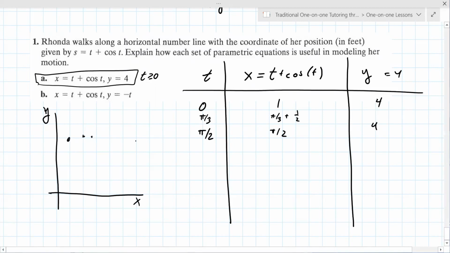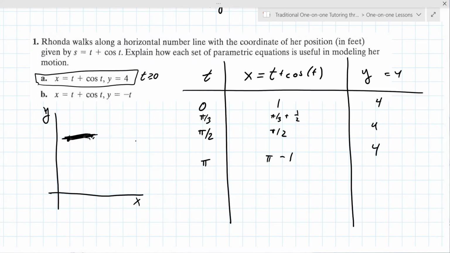It's almost like she was here and then she went backwards. Now, what's going on at pi? Cosine of pi is -1, so you get pi minus 1, still 4. So it's like she's just moving back and forth. But that's because the y value is unchanged.